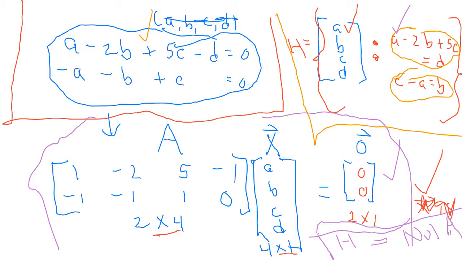Because H is equal to the null space of A. So if you can show that a space that you have is the null space of a matrix, then that space is a subspace, and it's a subspace of R4.